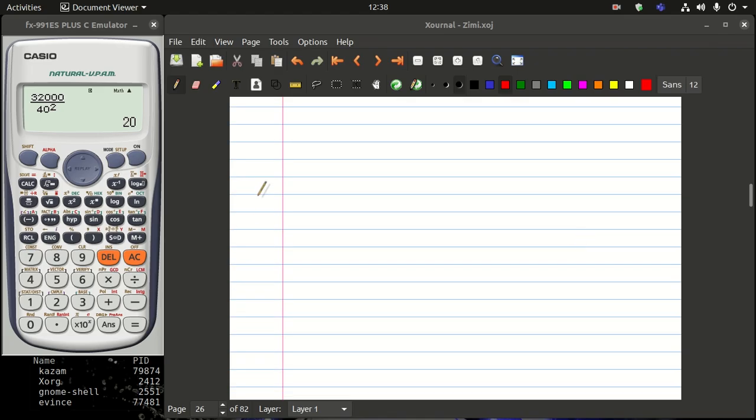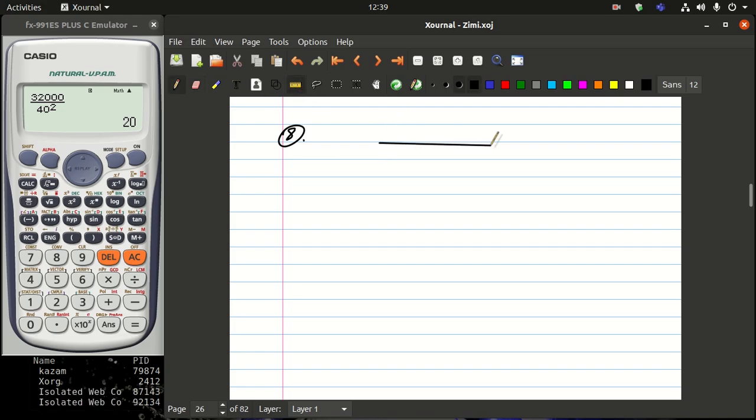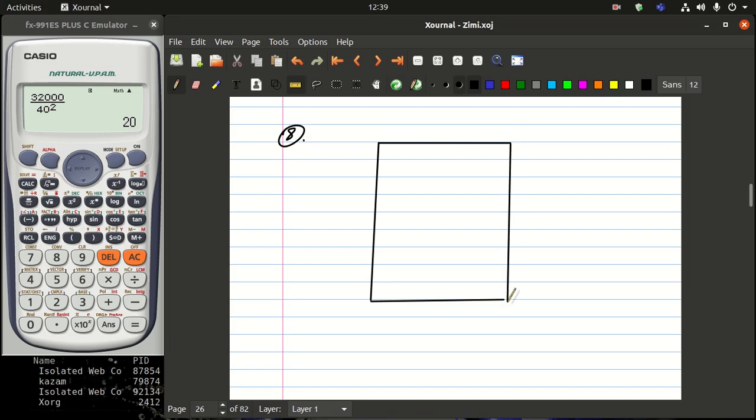Number 8. Let me write number 8 here. So number 8 is saying you are about to create a poster. So we are having a poster here, and our poster is going to be of this type. And then another thing that you have to realize here is that this poster is actually going to have this length here.